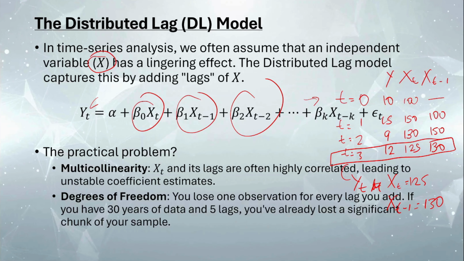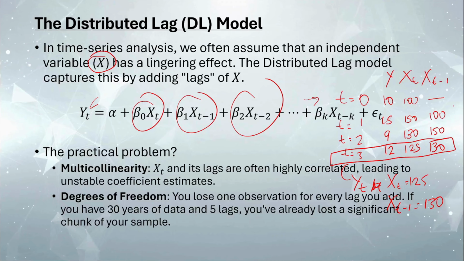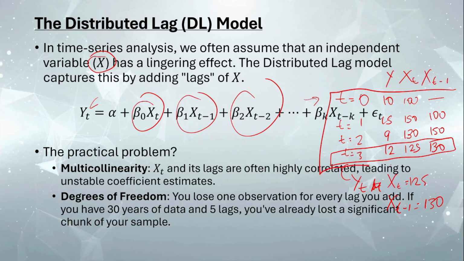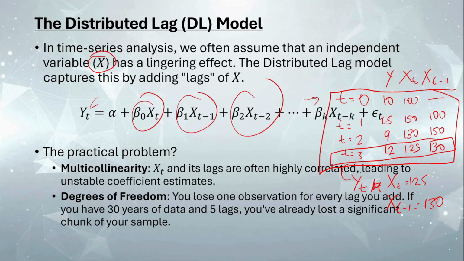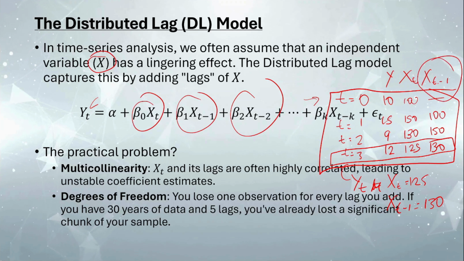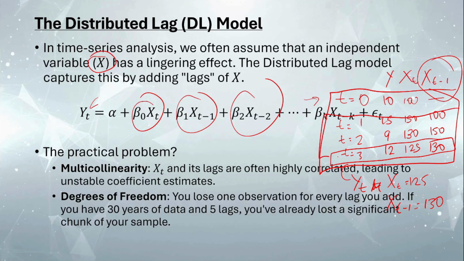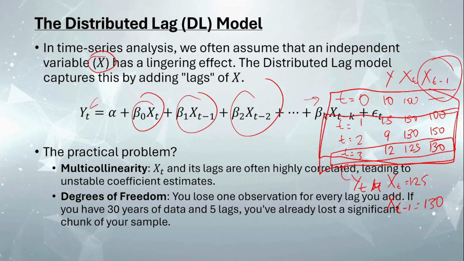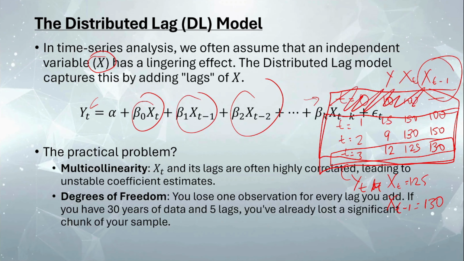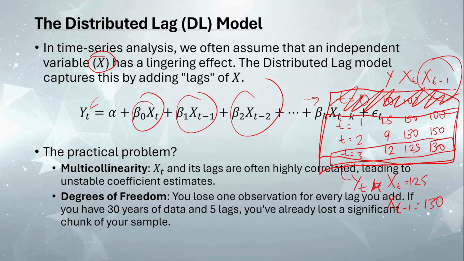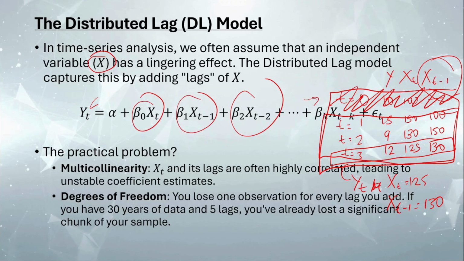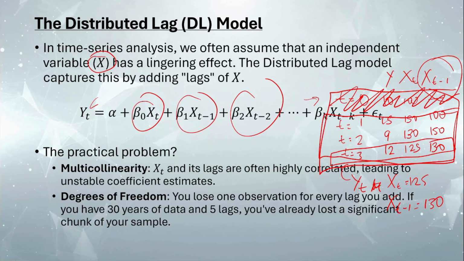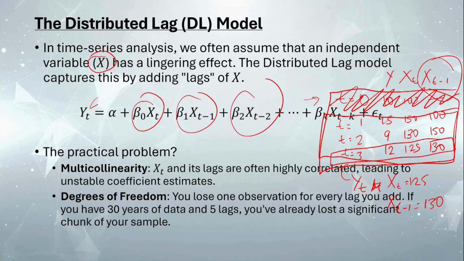But if you see this, initially we had t from 0, 1, 2, 3, 4, but if we use xt minus 1, we can only use these three rows of observations. So you actually lose this observation that you could have used to estimate. So you can imagine that if you have more lags, you lose a lot of these rows of observations that you could use for the estimation.